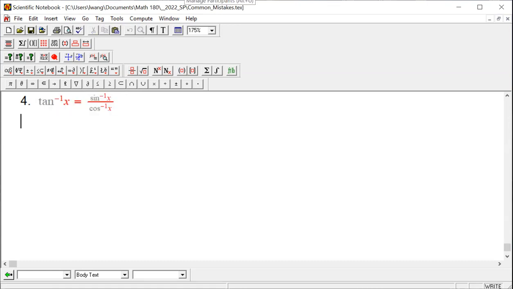To show this mistake is terribly wrong, all we have to do is use some examples. But how do you convince people who believe it? Well, let's use some numbers.